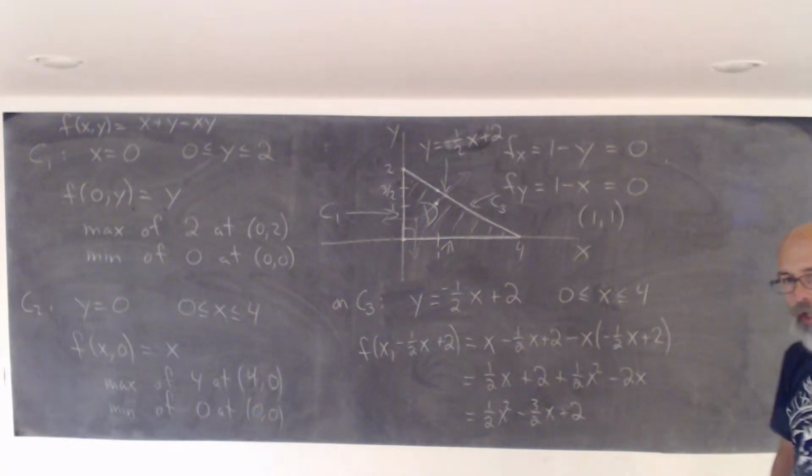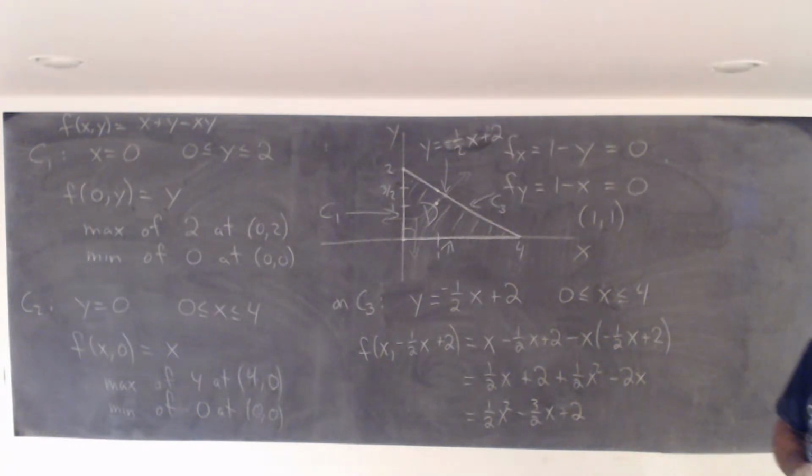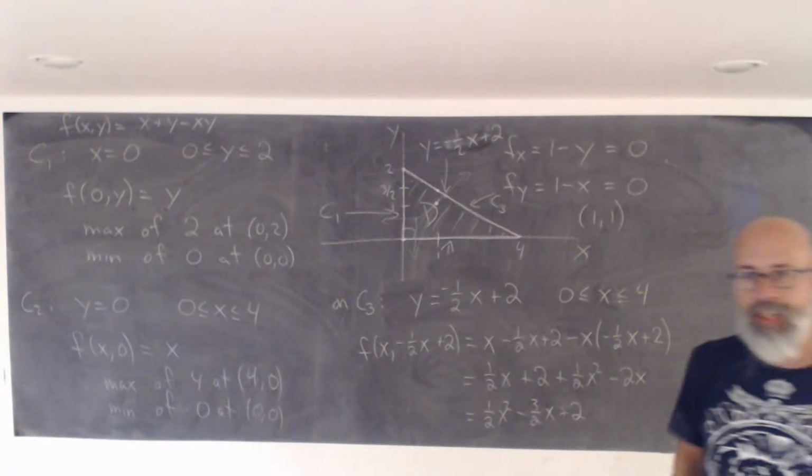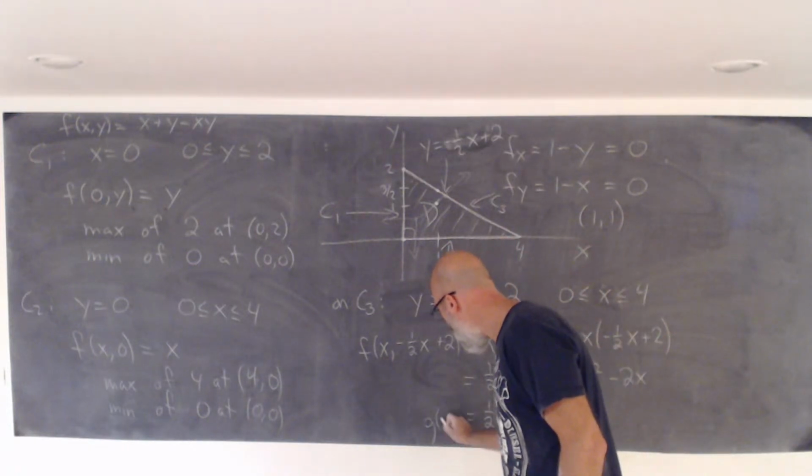That's your function where x is between 0 and 4. We're looking for the max and min, and you know what to do. Let me call that g of x, if you will.